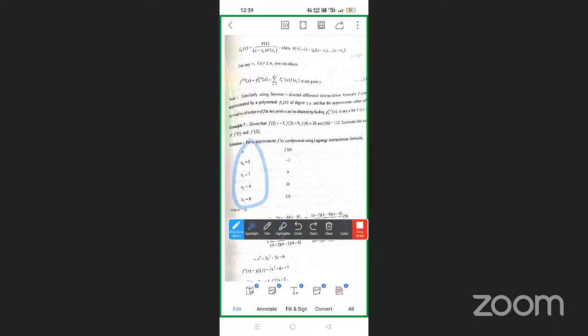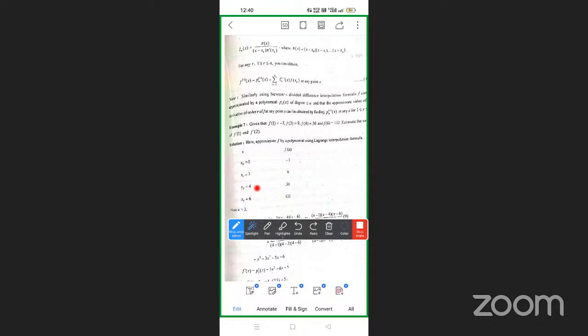But here, 3 minus 1 is 2, difference 2; 4 minus 3, difference 1; 6 minus 4, difference 2. So Lagrange's interpolation formula is used only if the length of the intervals is unequal. Is that clear? In this case, we are using Lagrange's interpolation formula.